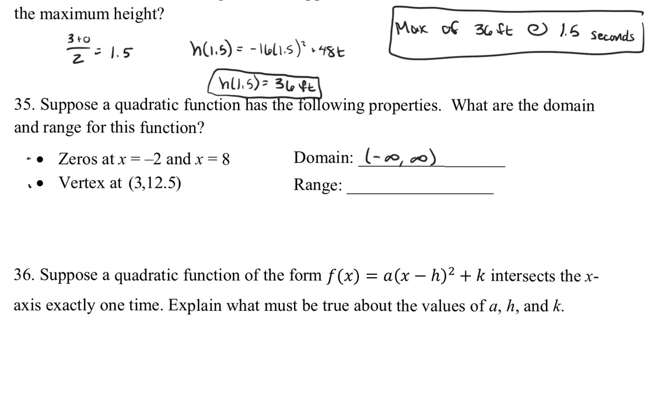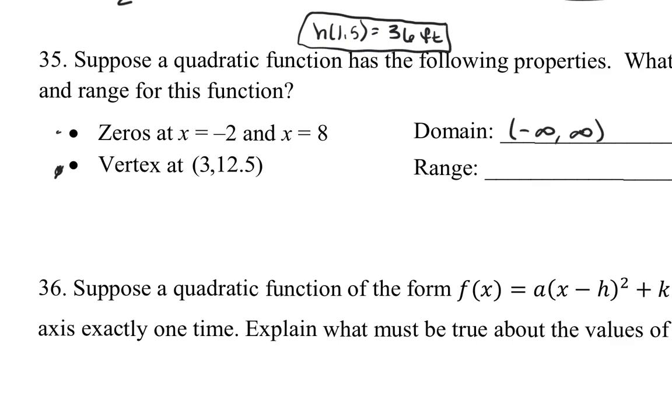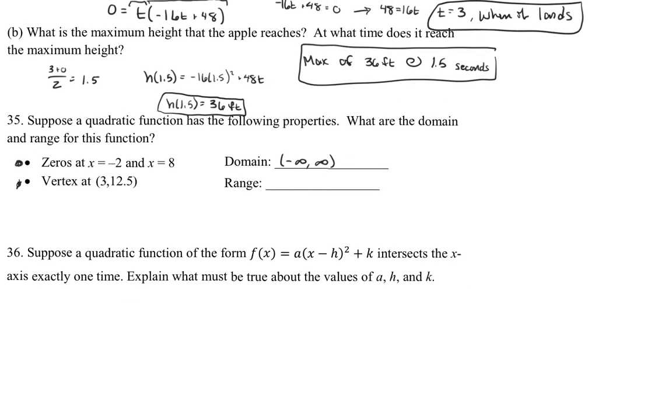Now moving on, we have information about the vertex and information about our zeros. So what I'm going to do is graph this out a little bit. So we have at -2, a 0. We have at +8 is another 0. Now our vertex is going to be at 3 and a height of 12.5. So that's going to be here. Now if we think about it, this is our vertex, our zeros are down at -2 and +8.